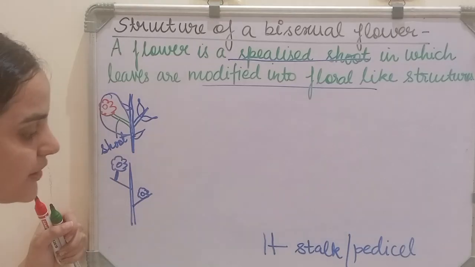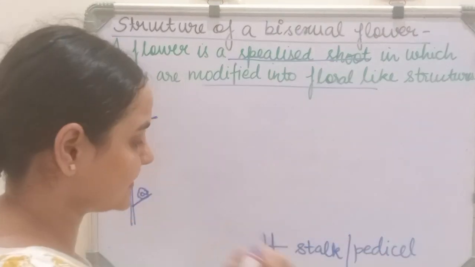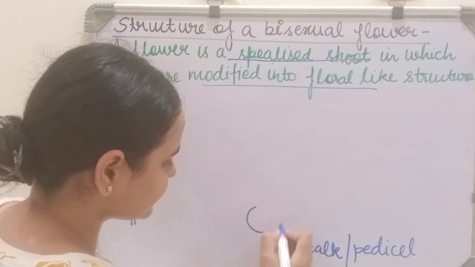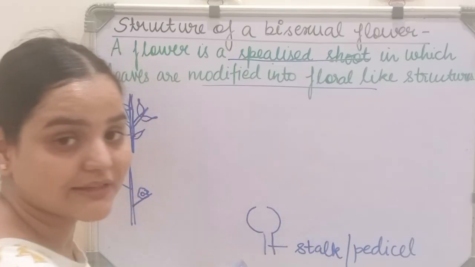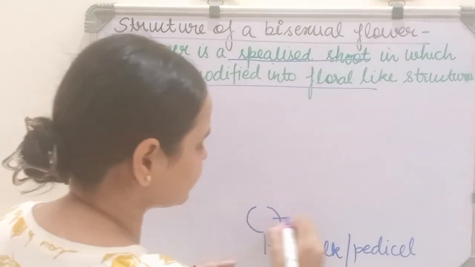Okay, now let's move to the next structure. So this is stalk and pedicel. Now it gets swollen up like this. This swollen structure is known as thalamus or receptacle.